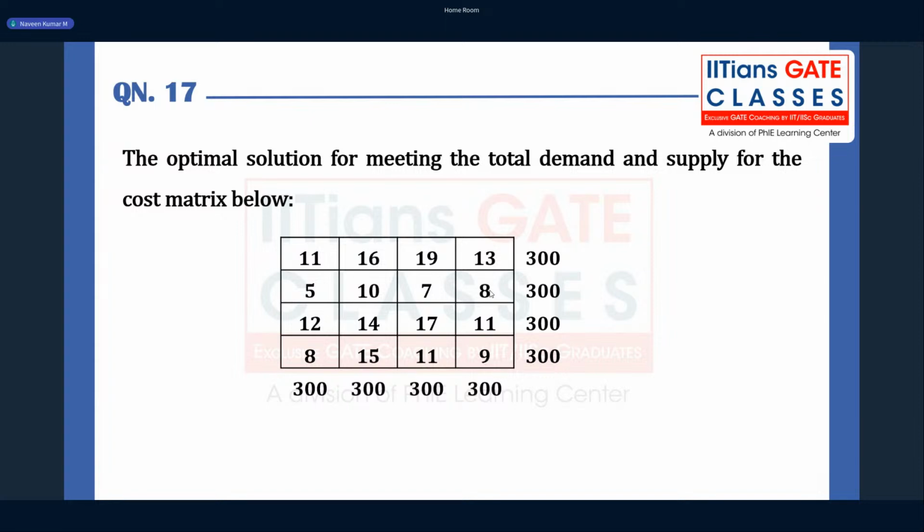Instead of that, if you see the question properly, you see the supply and demand. I think this is supply, maybe that is demand. Not sure, maybe it is the reverse. Whatever the case, you see that the supply and the demand for each point are the same, right? So I can directly send this 300 to here, or sorry, supply to demand.